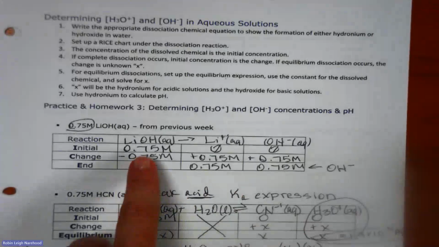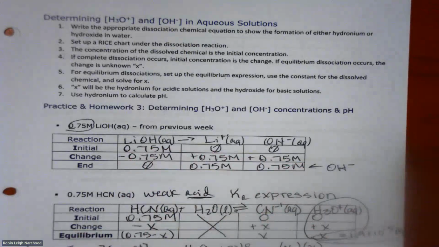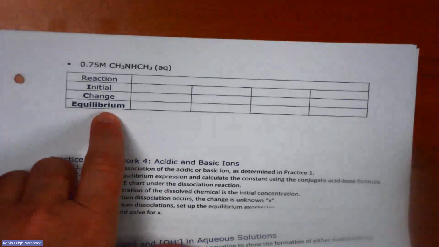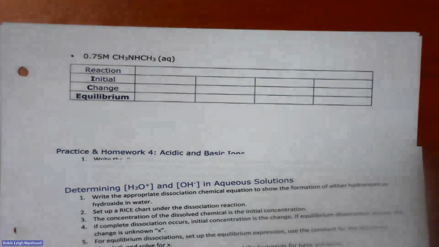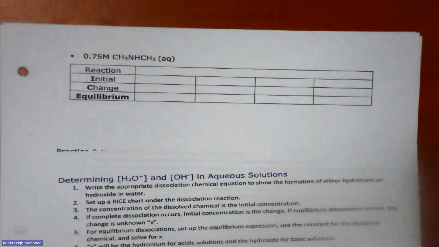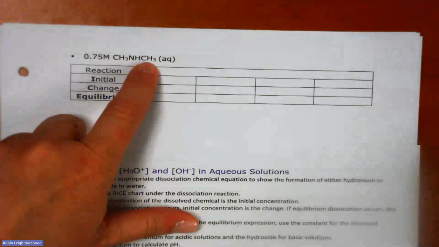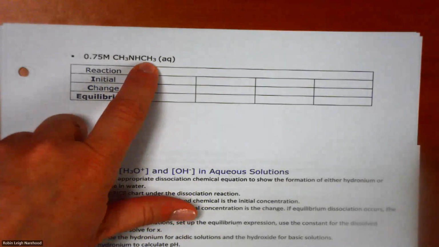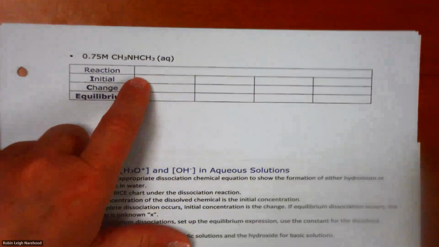If it is complete, then all of this turns into the product. And if it is equilibrium, you're going to have to do an equilibrium expression and solve for X. Okay. And so this one here, CH3NHCH3, it's the other.